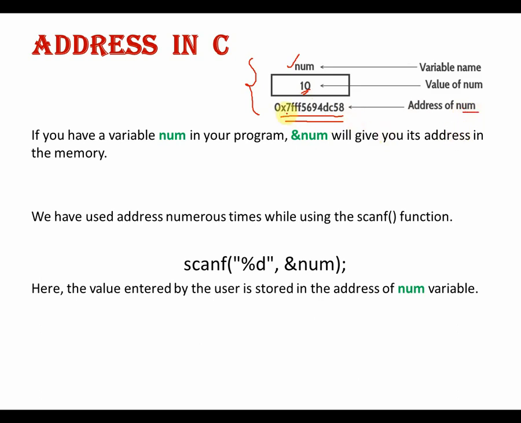So it could be any kind of address like this. Computer addresses are represented in a combination of various alphanumeric characters. So this is an example of an address, suppose of variable num.